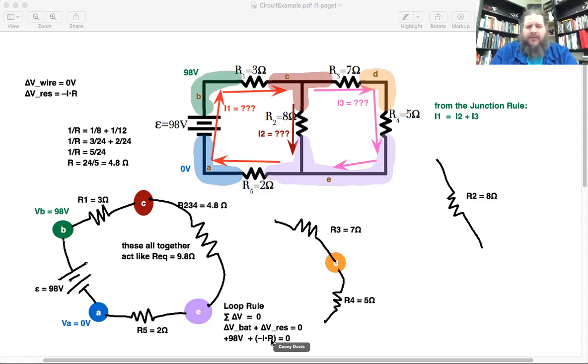But we already found that the equivalent resistance is 9.8 ohms. So 98 volts from the battery plus negative current times 9.8 ohms from the equivalent resistance equals 0. And then how would you solve that for current?